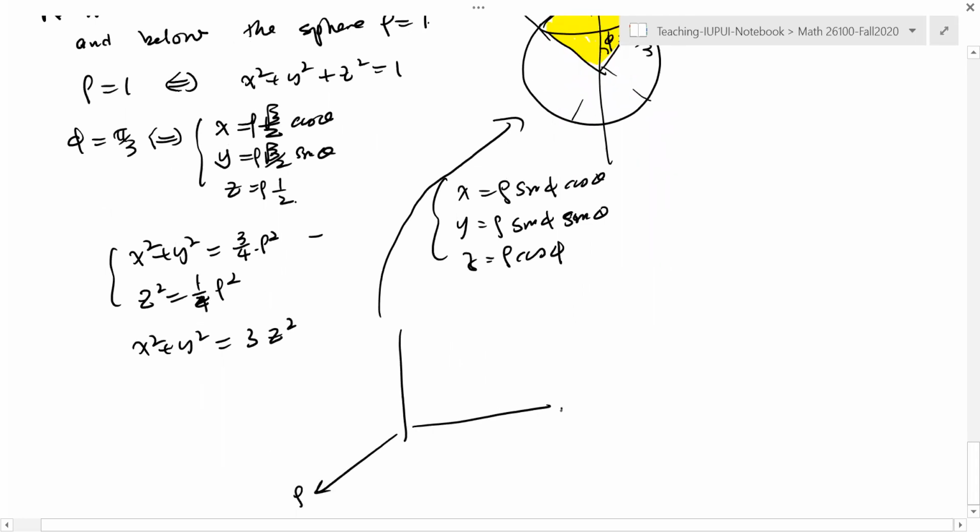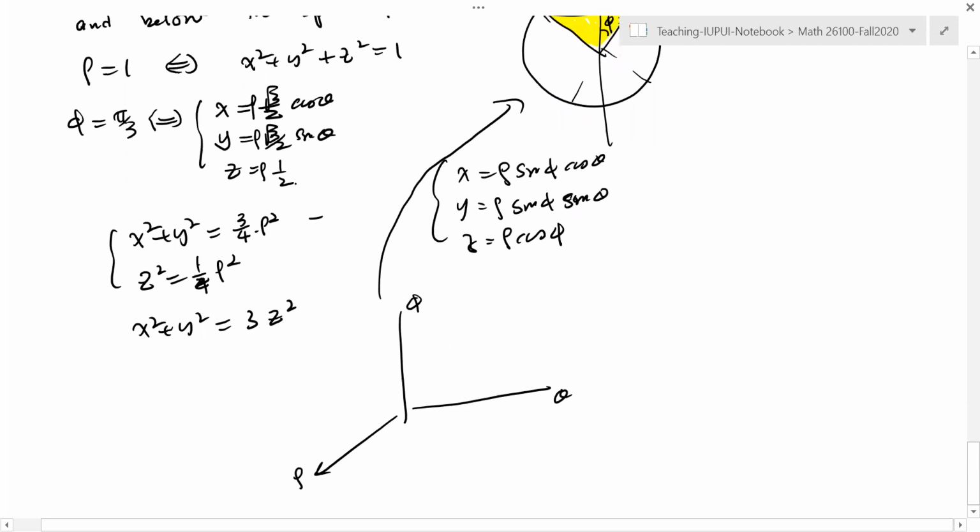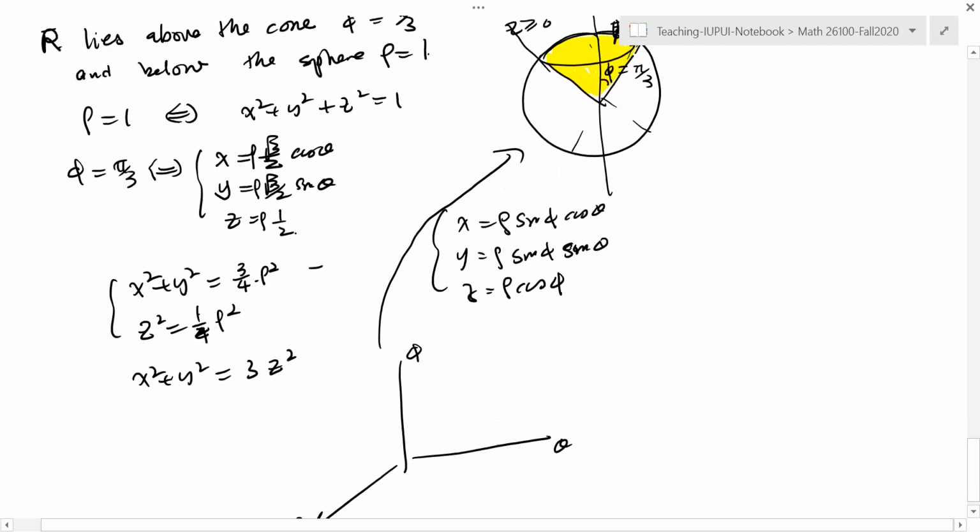Here's rho, here's theta, here's phi. So how do we describe the point? I think the largest possible angle is pi over 3. So clearly phi is between 0 and pi over 3, and the value for rho is between 0 and 1.